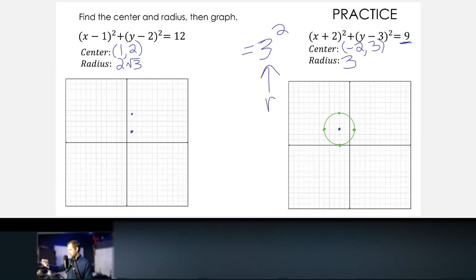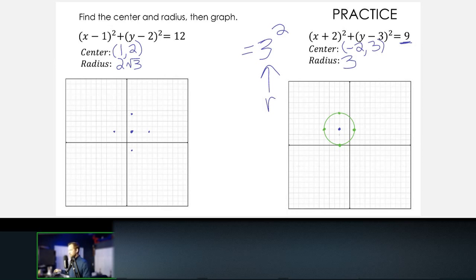1, 2, 3. Wait, hold on. It's 2.5. I can't count, guys. Or maybe I did do that right. No, I did it right the first time. 1, 2, 3, a little less than a half. All right.